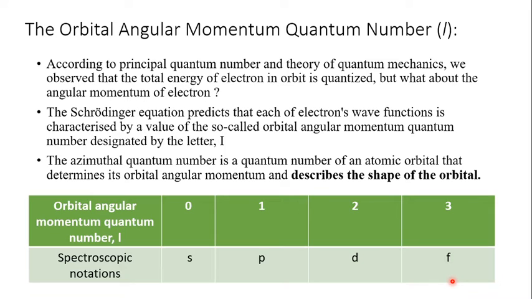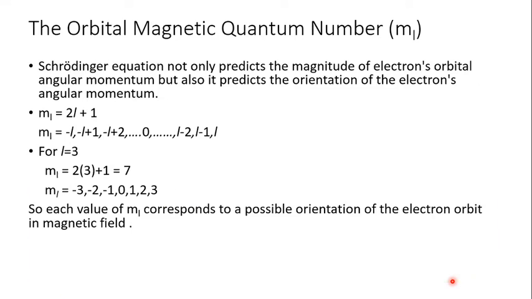So see, if the azimuthal quantum number has the value 0, it is present in the s orbital. Similarly, for 1 it is in the p orbital, for 2 it is in the d orbital, and for 3 it is in the f orbital.